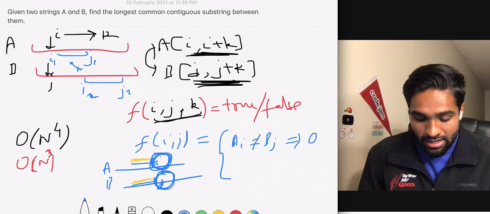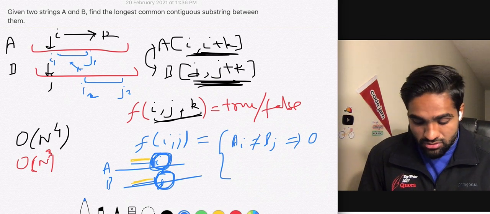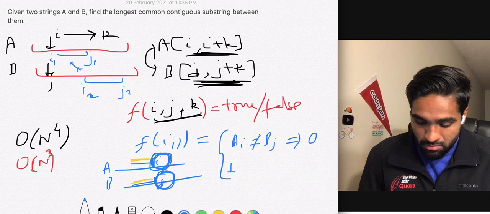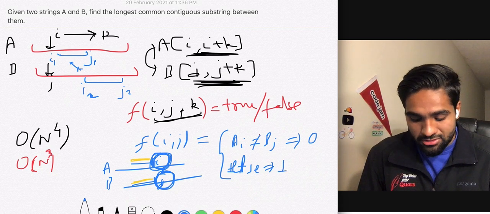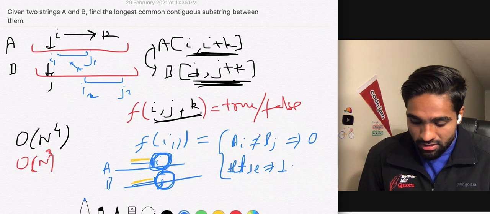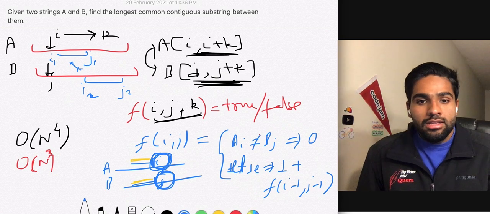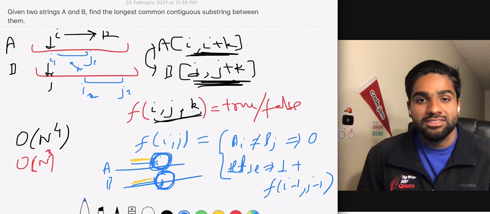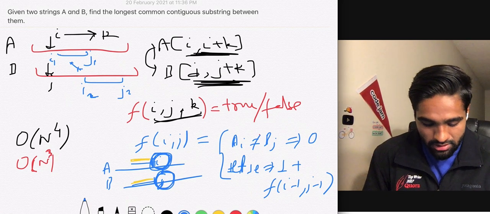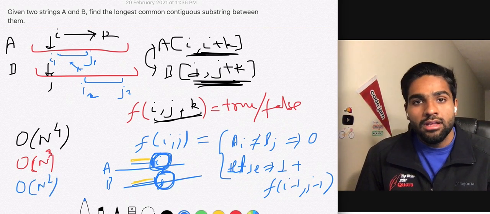In that case, we need to look at the remaining characters in strings A and B. Basically, else it is 1, we are counting these two matching characters, plus f of i minus 1 and j minus 1. In this case, the transition cost is constant, and the total number of distinct states in the dp function is order of n squared. So we have reduced the time complexity to order of n squared here.